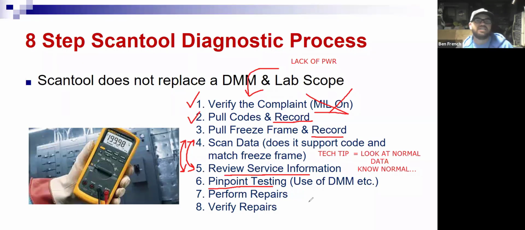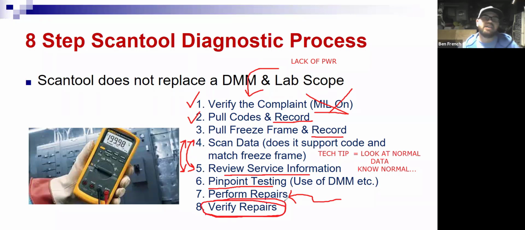Right? Pinpoint testing. Ultimately, then we need to get our customers' approval once we make our diagnosis so that we can perform repairs. And remember, because we always care about the quality of what we're doing, and we want those customers to come back to us, we always verify those repairs when we're done.